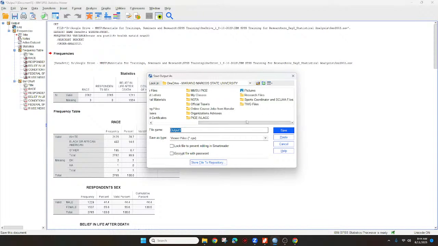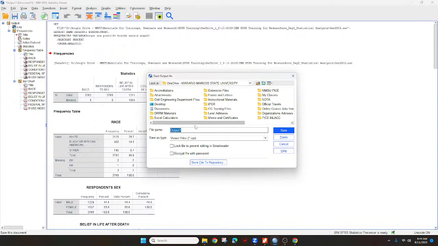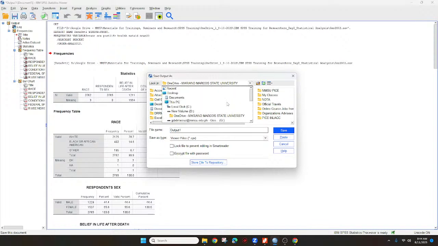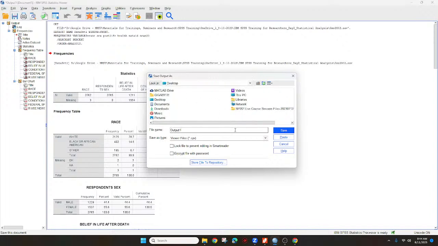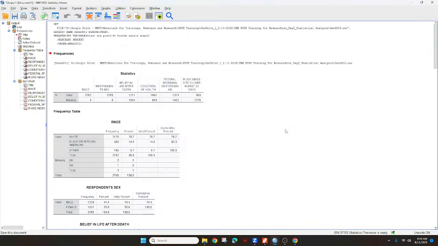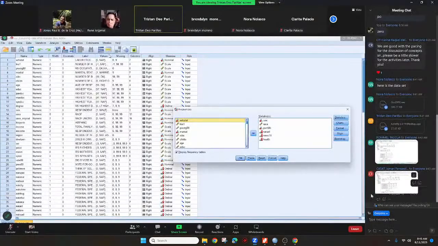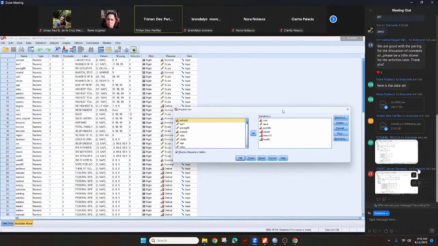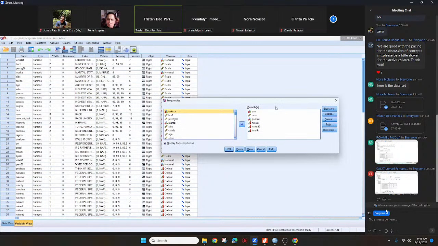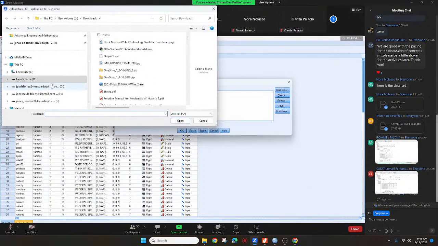First, after opening the file, I click Analyze, then descriptive statistics, frequency, then the box here, the frequency box.